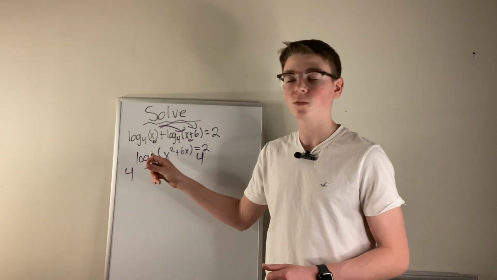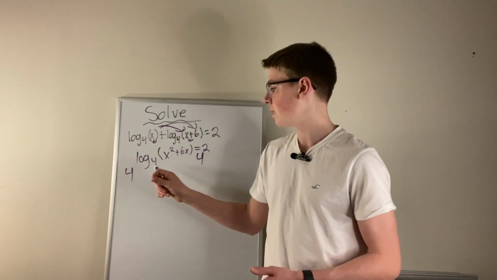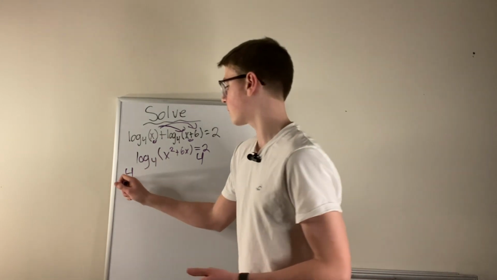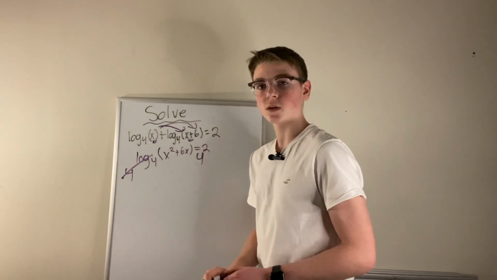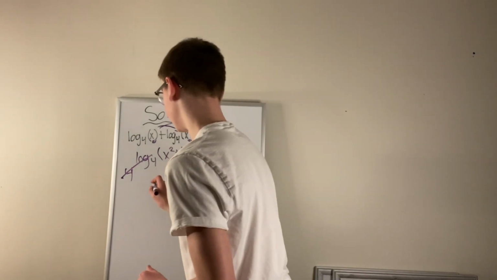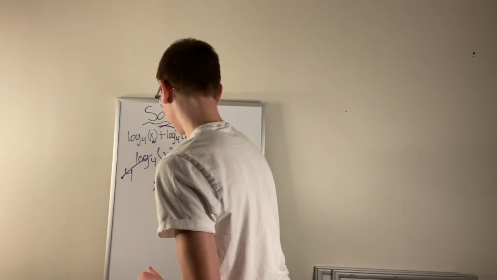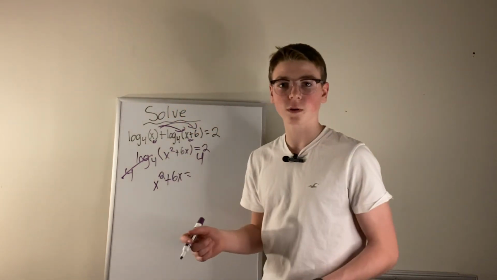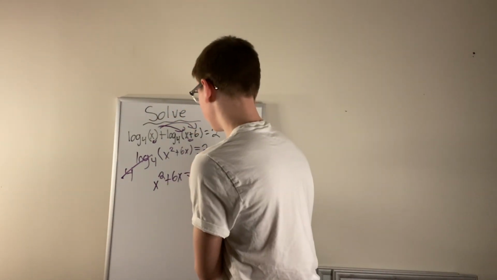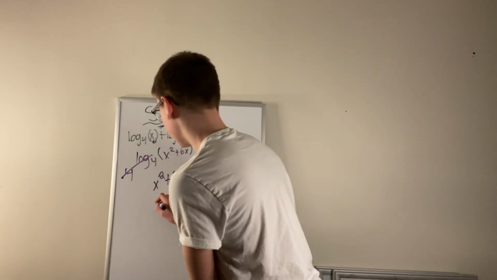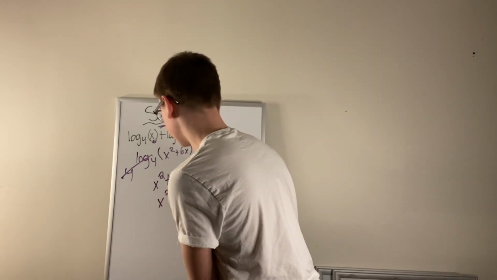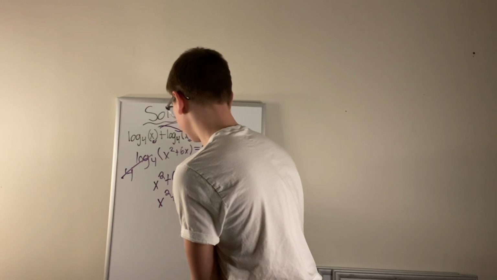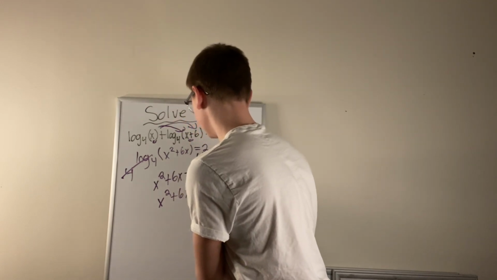So we turn this to an exponential and put it to the base of 4. So we just cancel those and then bring down this x squared plus 6x equals, what's 4 squared? 16. So 16. Then we move the 16 to the other side. x squared plus 6x minus 16 equals 0.